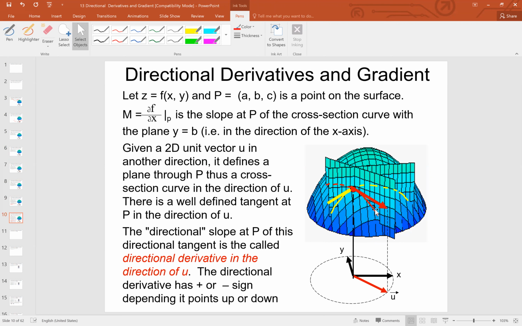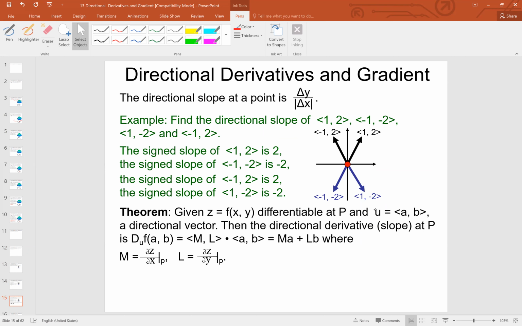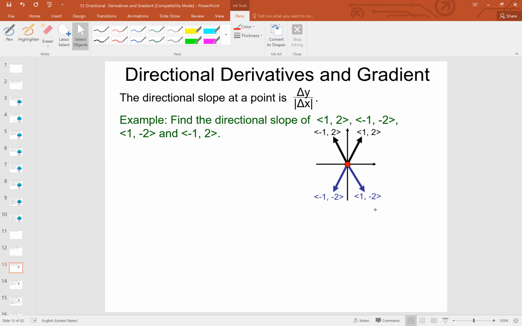The slope in that compass direction, the direction vector u, we call the directional derivative in the direction of u. And the directional derivative tells you a little bit more than just the slope. It is a signed slope.